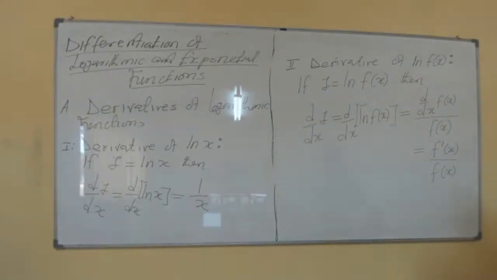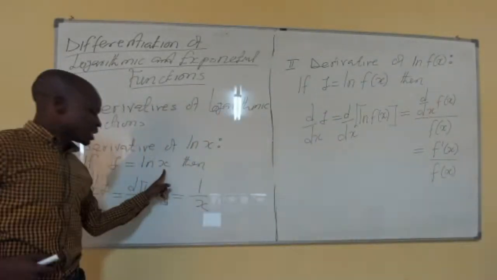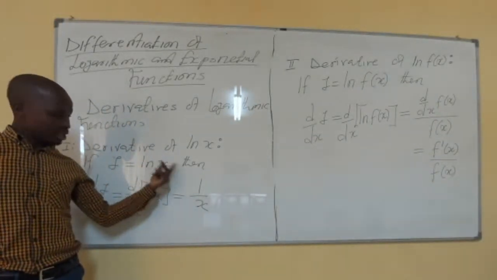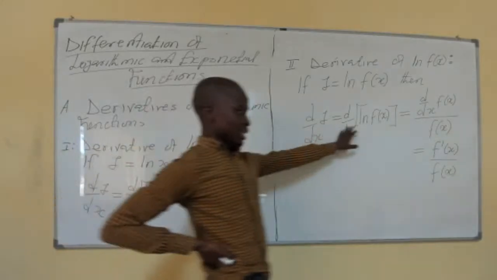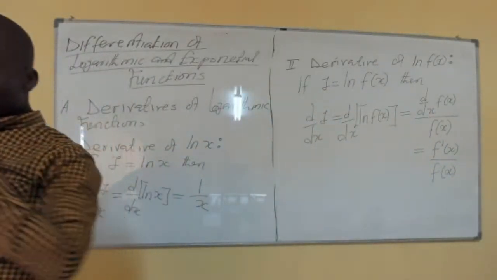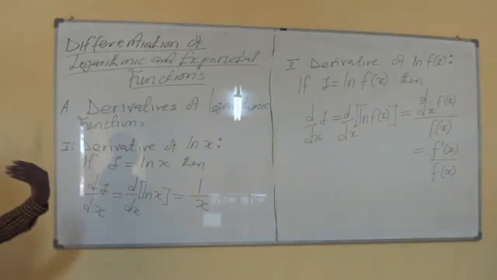So this should just be at your fingertips every time you see a function of that nature. This is what really happens. If we have ln of x, then x is down there. Then what is the derivative of x? It is just 1, following this general form. So this is the general form of the derivative of ln of x.